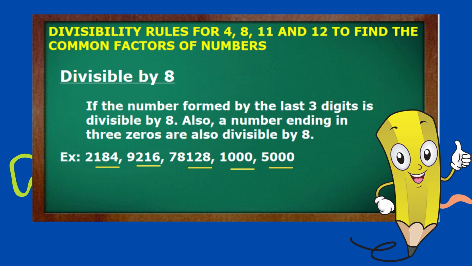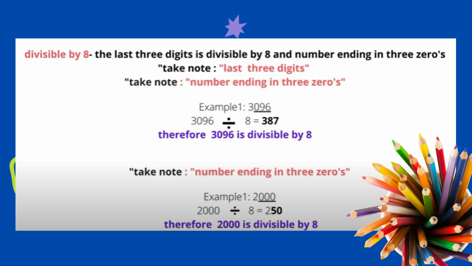1,000. Ang dulo ng 1,000 ay 3 zeros. So, 1,000 hatiin sa 8 is 125. Another, 5,000. Ang dulo ng 5,000, the last 3 digits is 3 zeros. So, 5,000 hatiin sa 8 is equal to 625. Another example, 3,096. Ang dulo ng 3,096 ay 96.